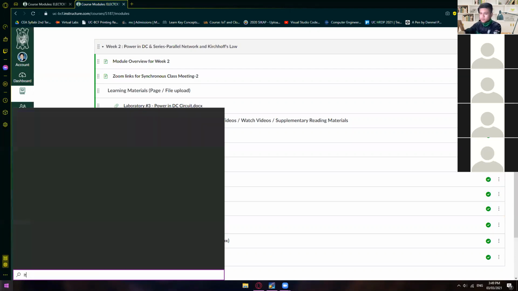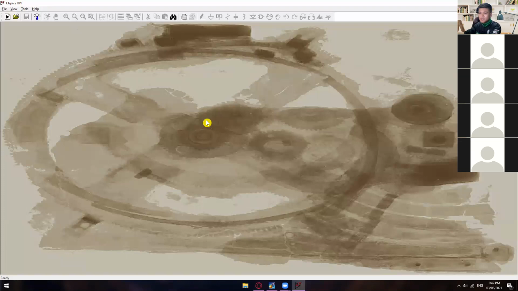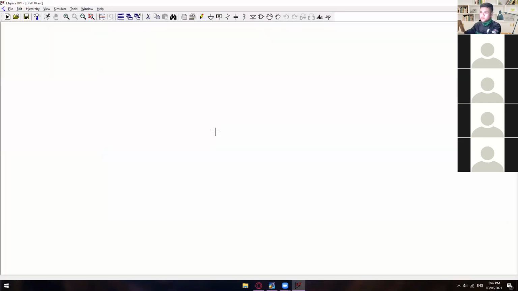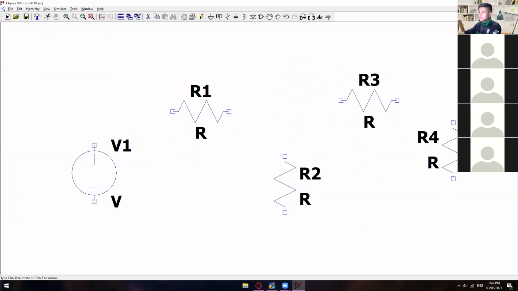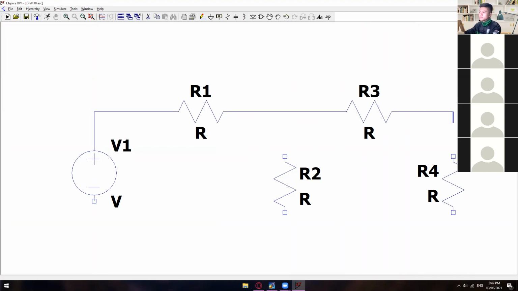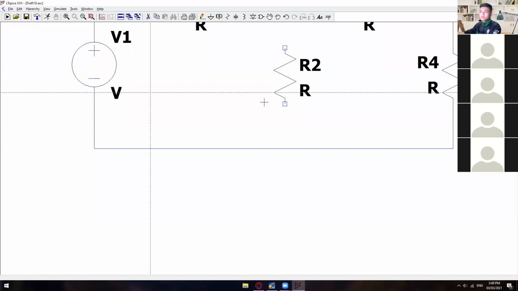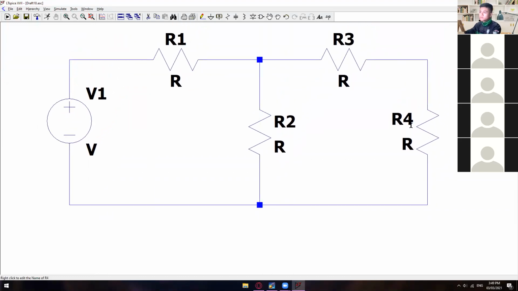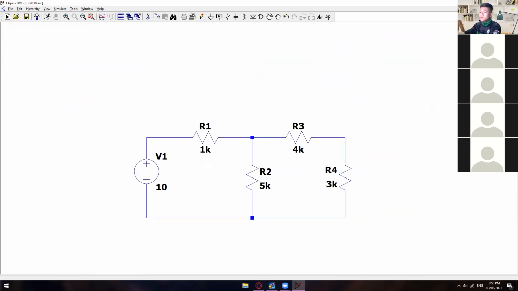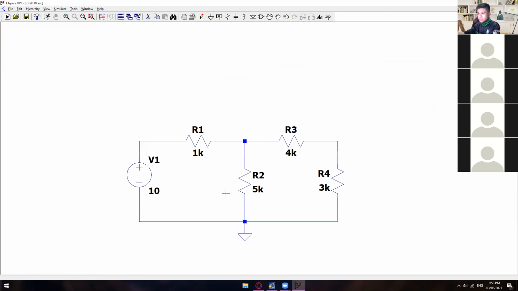Oh, I forgot. One reason why we've had a meeting for today is to show you guys this, just a quick example. All right, so what I would like you guys to do is, let's say you already have your circuit, for example this one, a parallel circuit.